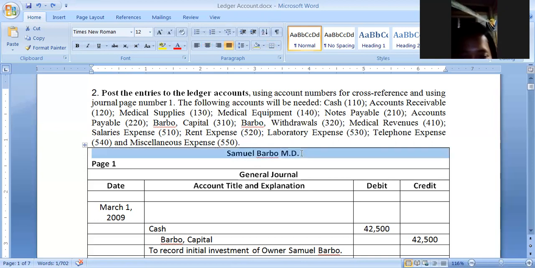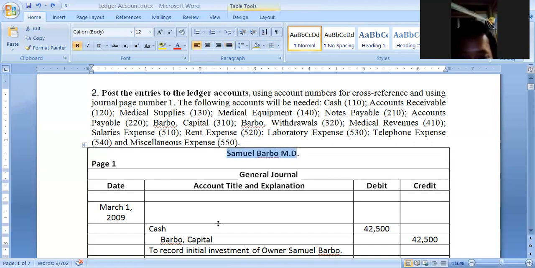So let's go to the ledger account. It's Samuel Babrbo empty ledgers account. Our ledger account is based on our journal entry.